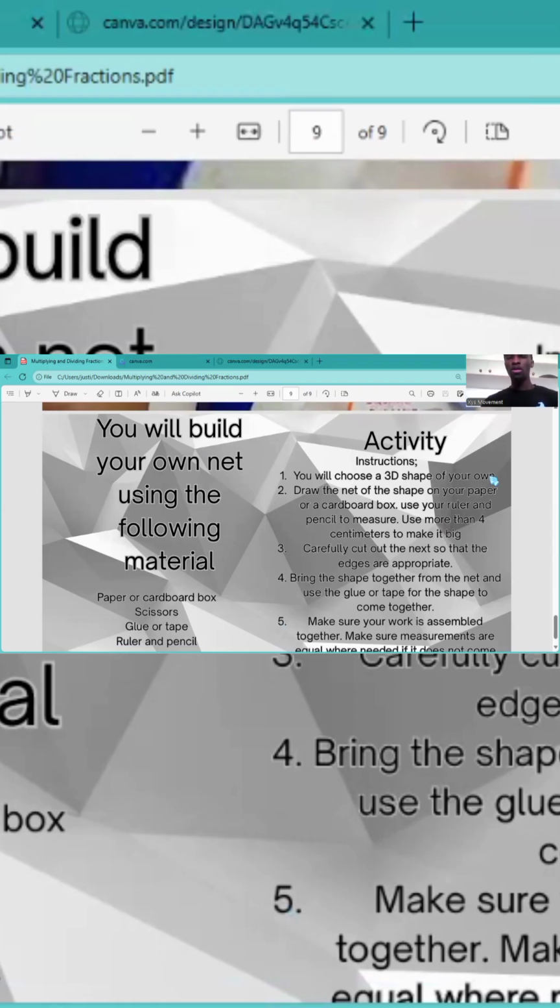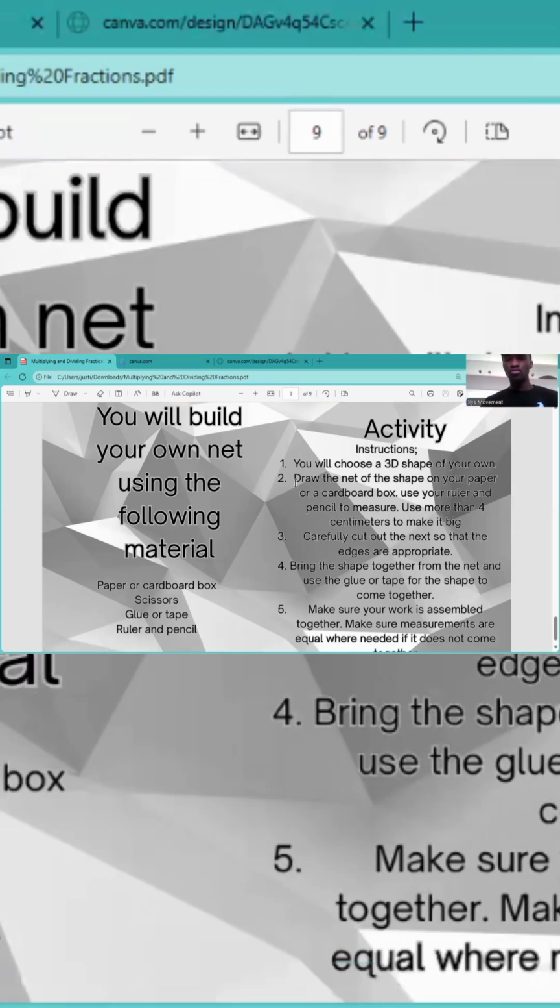You have to make sure that if you are choosing a shape, you have enough material so that you can be able to do that shape in the first place. So you're going to choose a 3D shape, which can be a cube, a rectangular prism, a pyramid, a cylinder, any of your choice. Secondly, you're going to draw a net of the shape on your paper or cardboard.